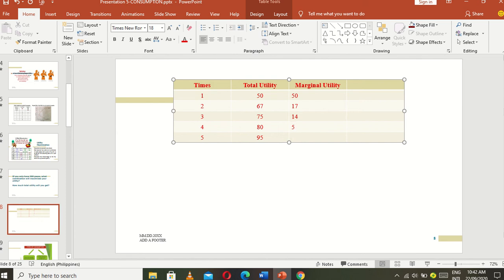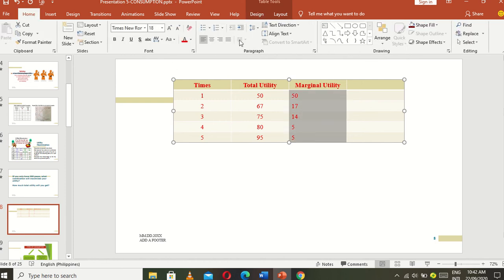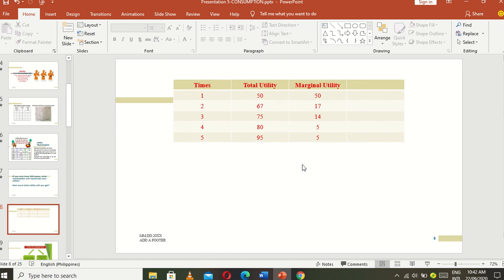And 95 minus 80 makes 5. As you can see, the marginal utility is decreasing. If it's decreasing, your computation is correct.